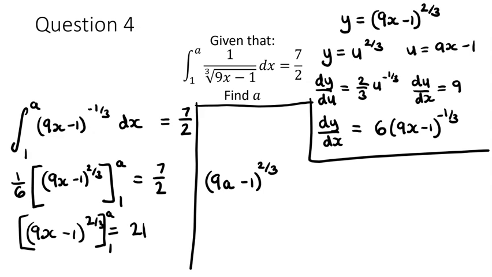Do that to the power of 2/3. Cube root of 8 is 2. Square it for 4. And remember, I have to take away that lower limit. So I know that when I sub in the limits, that should be equal to 21. I'm going to add the 4 to both sides.